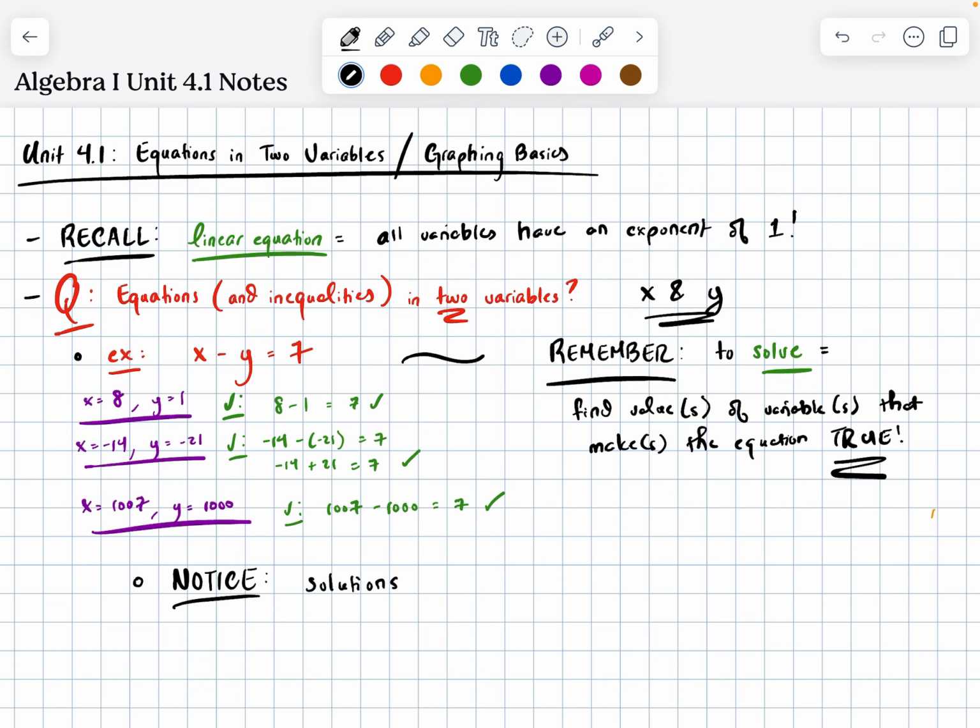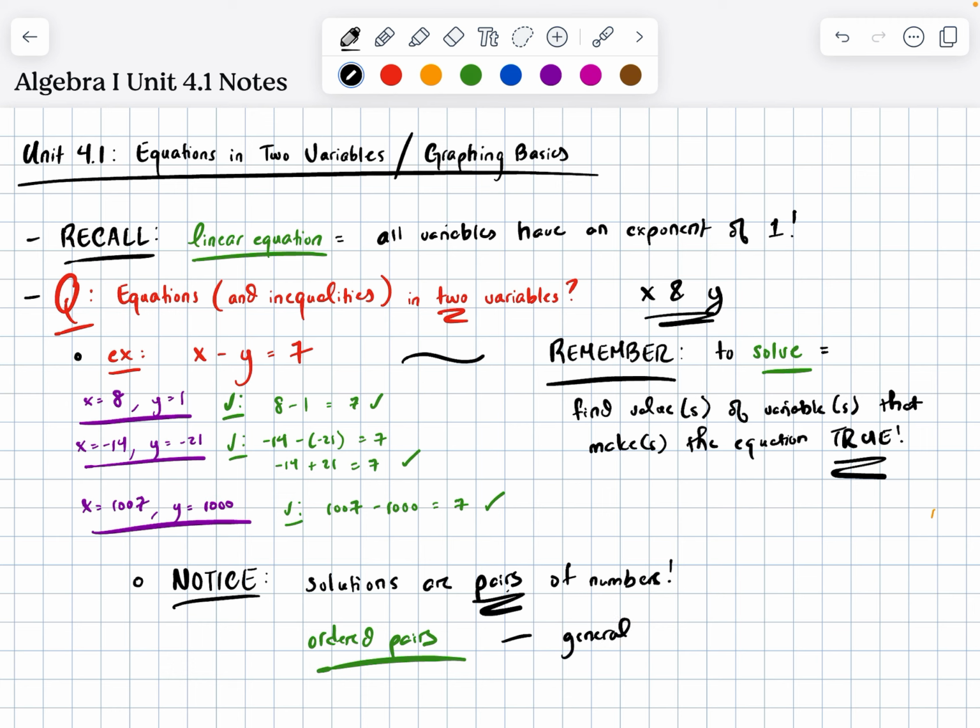So the thing that we'll observe here is that now, instead of only having a single part, our solutions are going to be, and you heard me use this word before, pairs of numbers. They are attached to each other. I can't get away with just one. We represent these solutions as what we call ordered pairs.